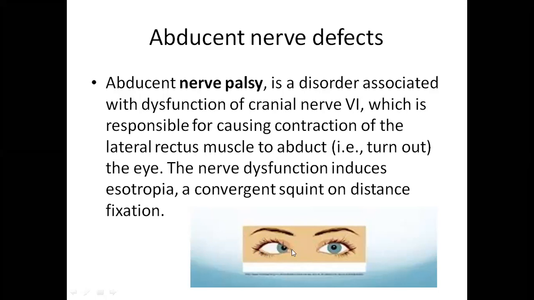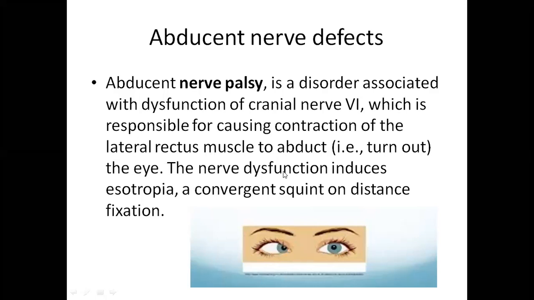So when these two opposing muscles work, the eyeball is present in the center. When one of the muscles becomes dominant, suppose the lateral rectus is not working, the eyeball will move medially. When both opposing muscles are working, the eyeball is present in the center.